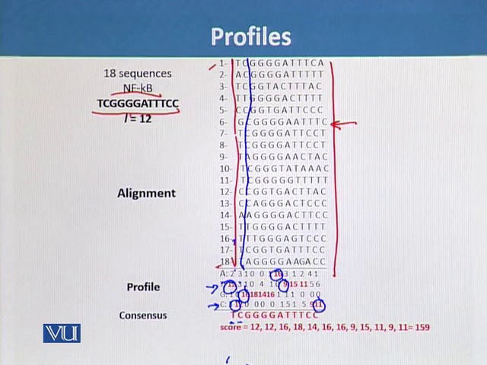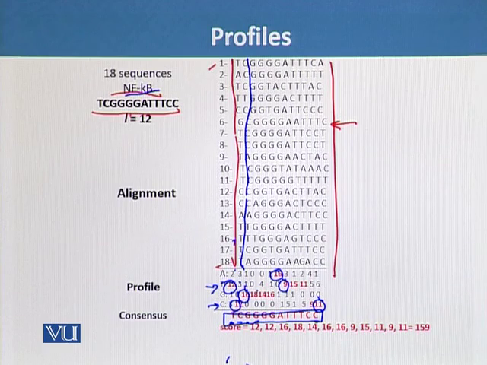In the third was G, in the fourth again G, and so on. The most abundant nucleotide in each column is written at the bottom of the column. After writing these nucleotides, we will get the consensus sequence of these NFKB binding sites of Drosophila.